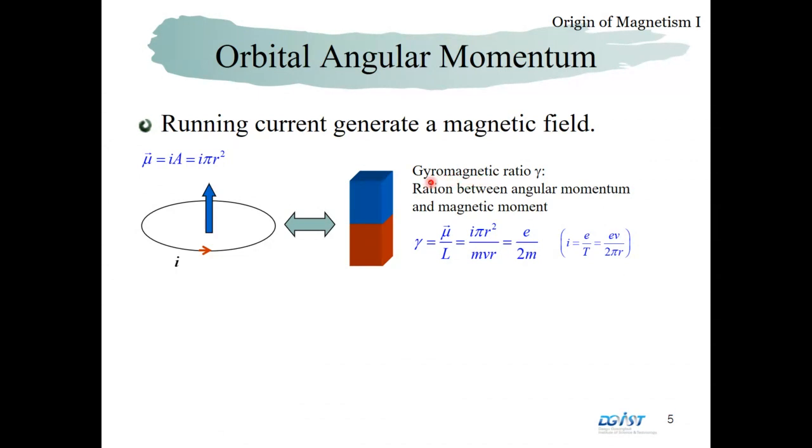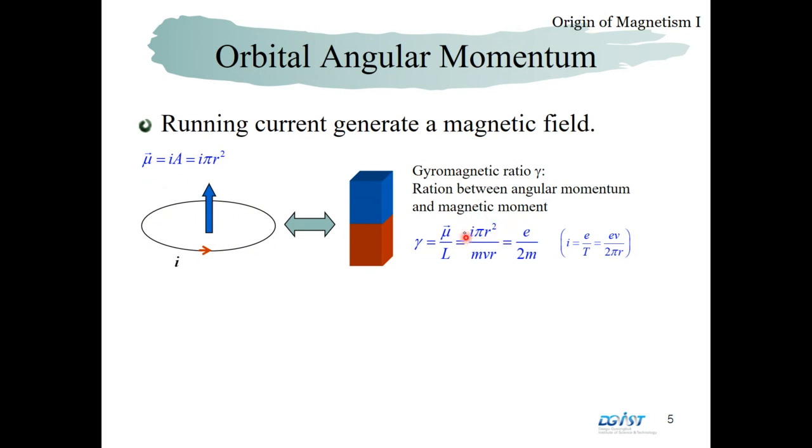Let's define the gyromagnetic ratio, gamma. The definition is, as I said, this circular motion is related to the magnetic moment. And this circular motion we can represent by the angular momentum. So we can define the relation between the angular momentum and the magnetic moment. That's called the gyromagnetic ratio, gamma.